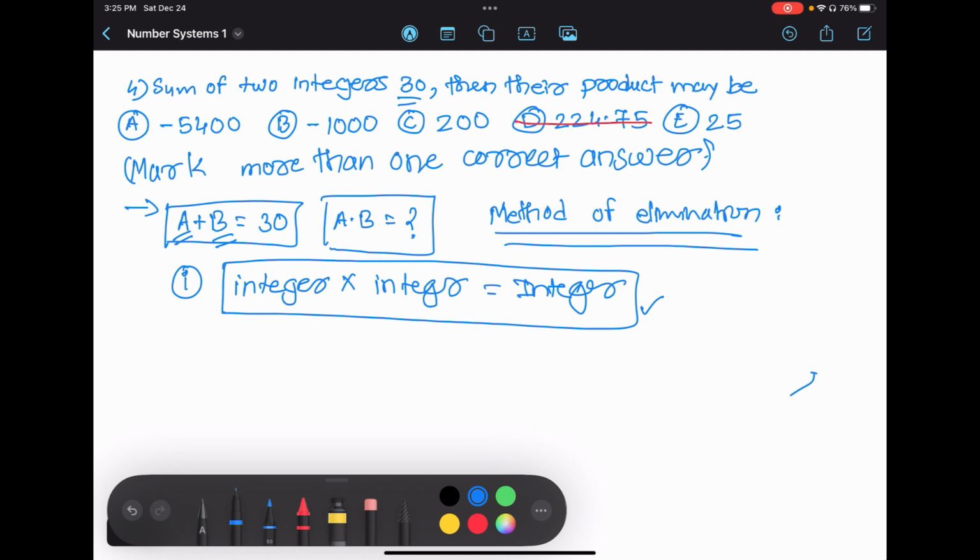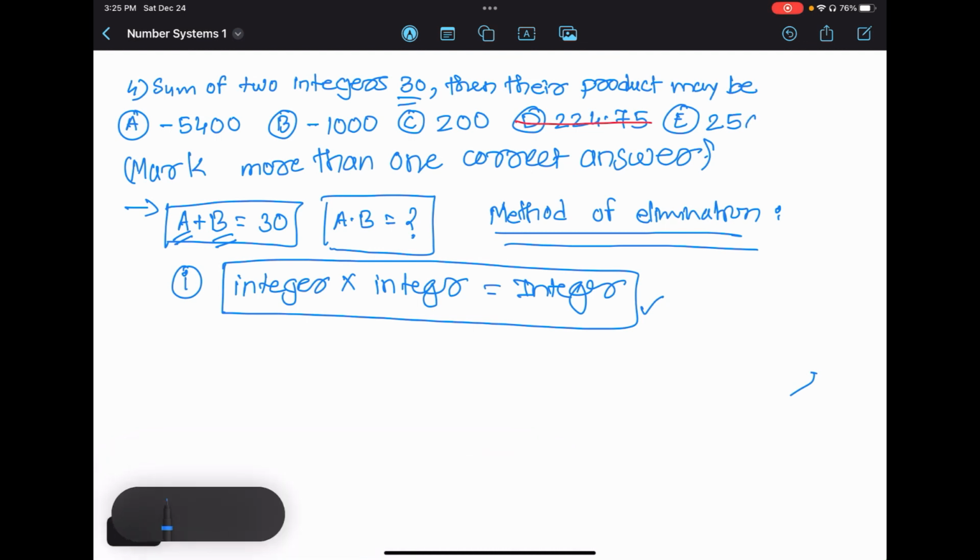Second, actually here it was 250, sorry for that. So we already eliminated one of the easiest options, and while glancing we can see 200, which we will attempt next. We have to think how we can make 200 as a multiplication of numbers whose addition is 30.